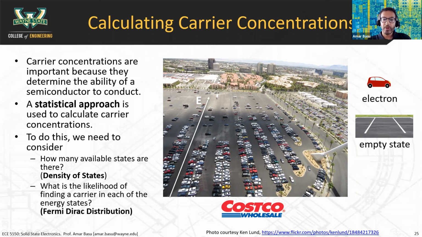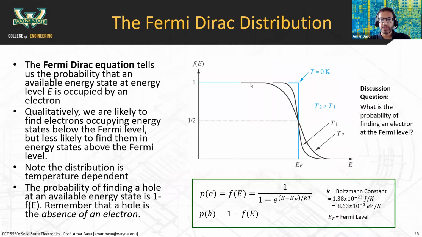The Fermi function, as we defined last time, is the 50% point. It's the level of energy at which finding a car in a parking spot is 50%, or finding an electron in an energy state is 50%. The Fermi function looks something like this.